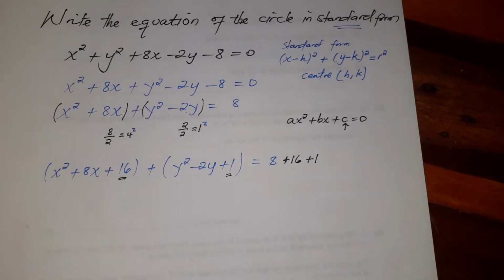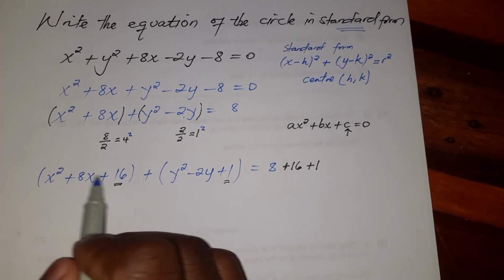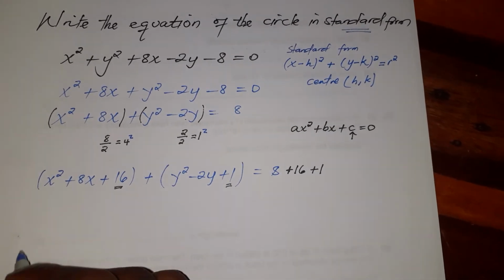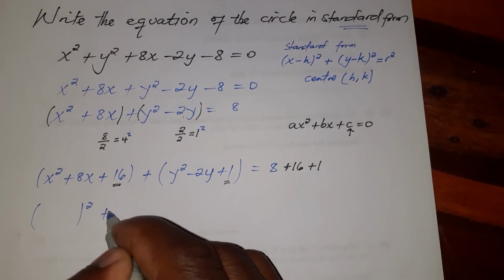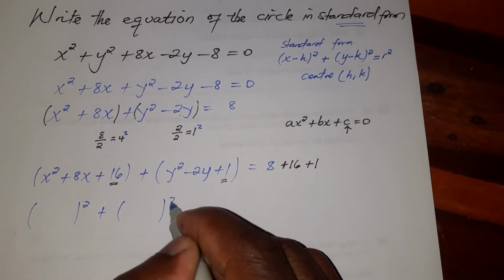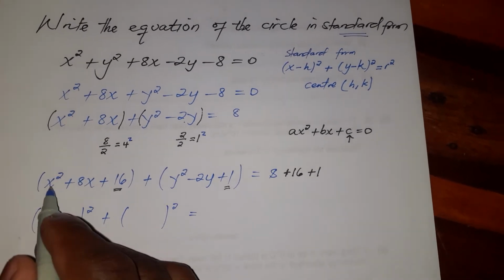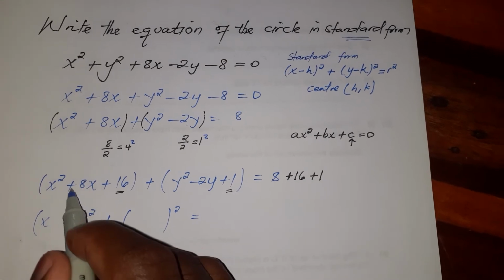After that, we now have to factorize this. To factorize this, let me just write two brackets like this. We write x here, and then we write plus.